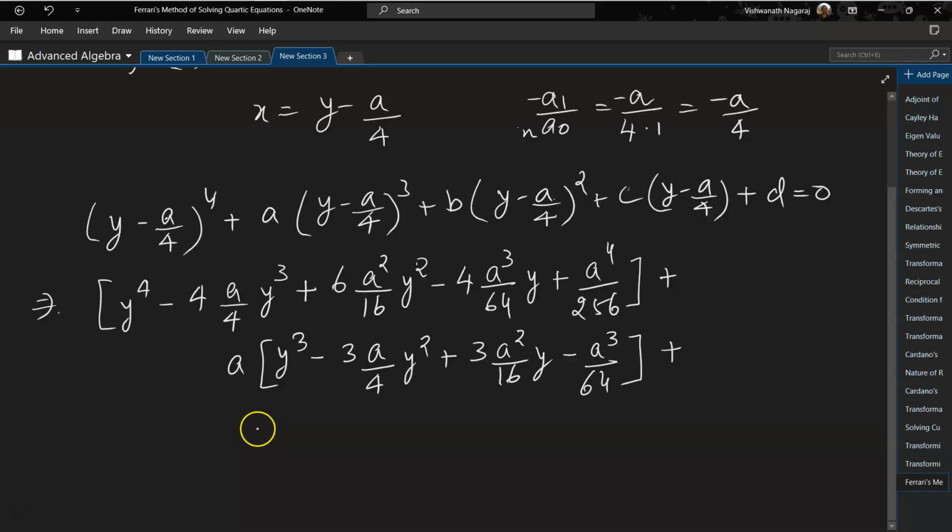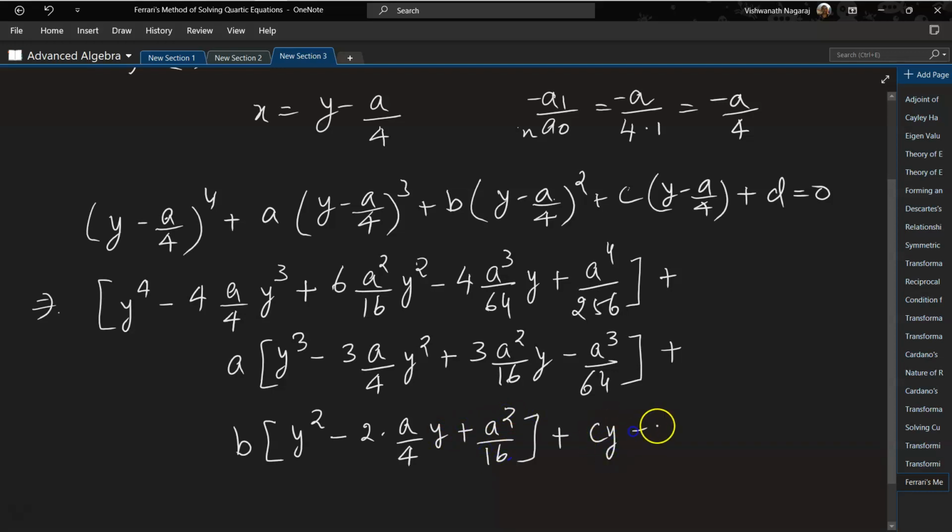Now the next term will be b times y square minus 2 times a by 4 y plus a square by 16, plus c y minus ac by 4 plus d equal to 0.